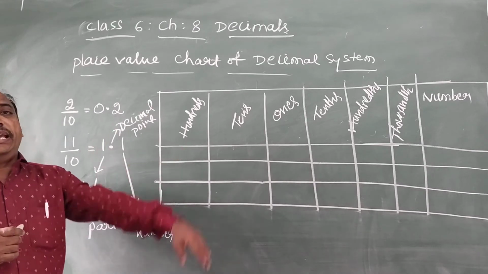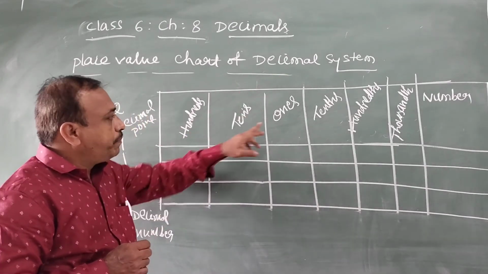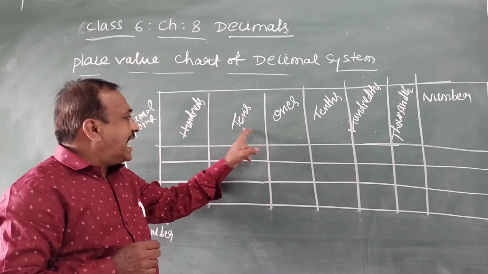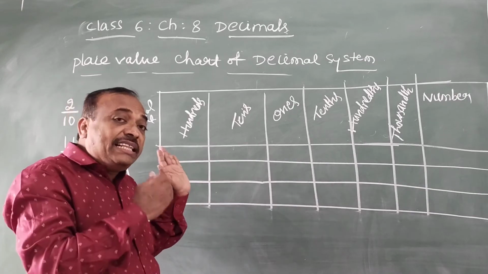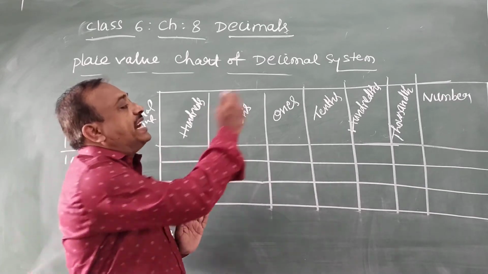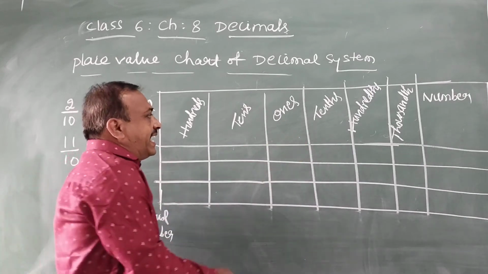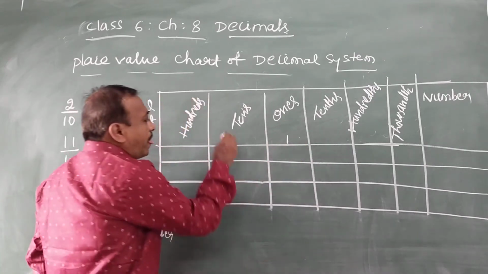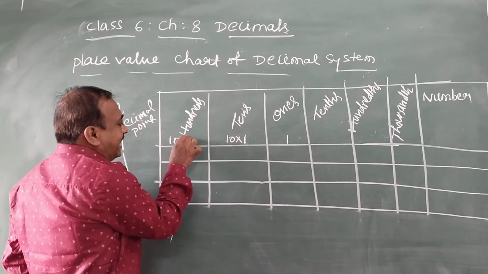When it comes to the place value chart of the decimal system, generally we learn ones, tens, hundreds in the Indian system. For values lesser than 1, when we move to the right side, the value decreases 10 times. Moving left, this is 1, this is 10 into 1, then this is 100 into 1.